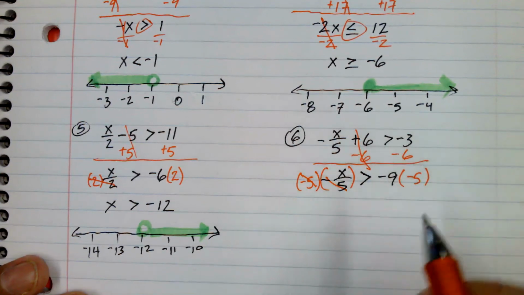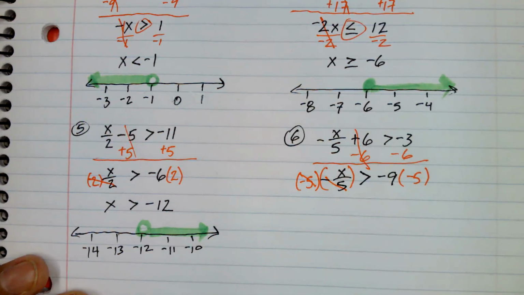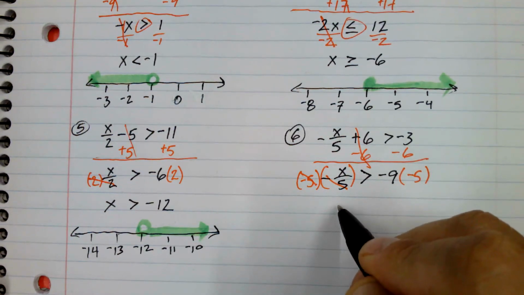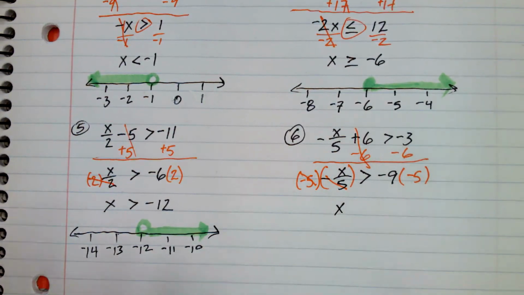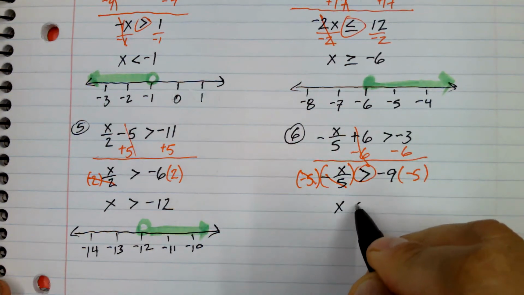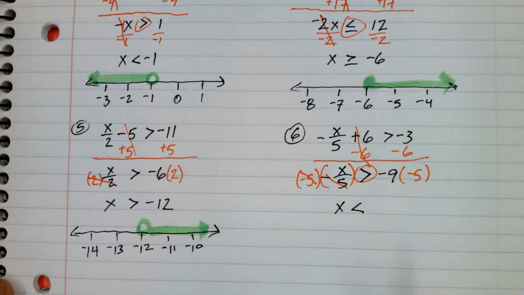This would cancel with this. The negatives cancel as well. But since I multiplied by a negative, guess what? You flip the inequality. Okay?